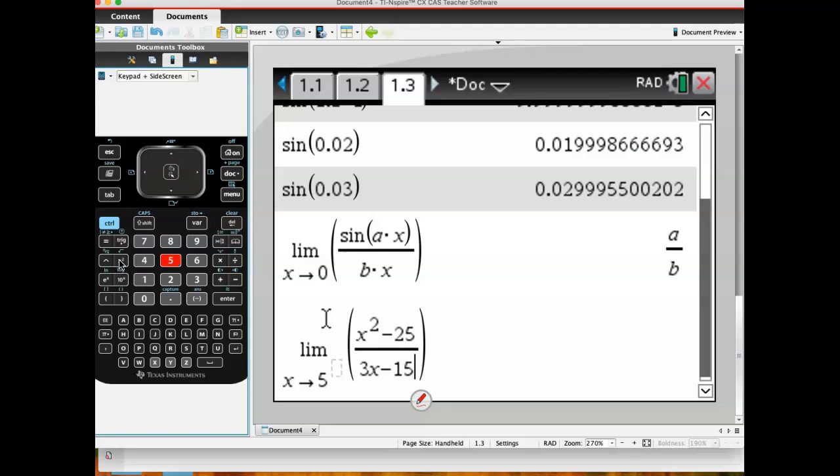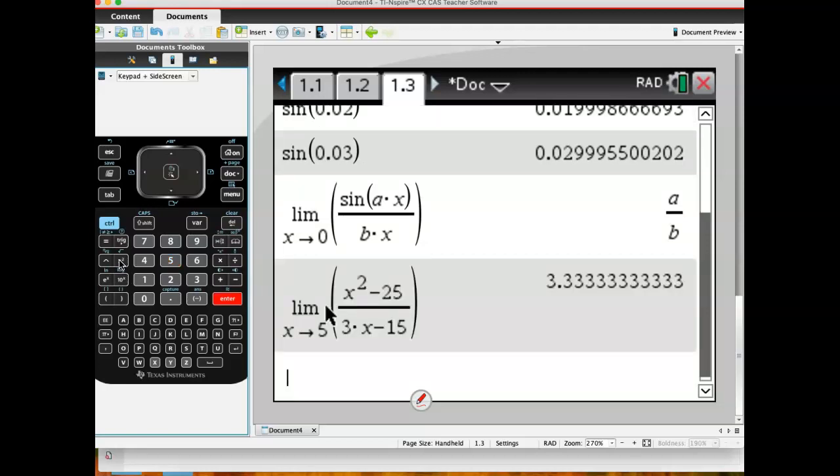I don't know if you remember what that is, but if we did that, we get 0 over 0. The limit is 3.3 repeating. That would be 3 1/3 or 10/3, I believe is what we got. So you can check all your limits with the CAS.